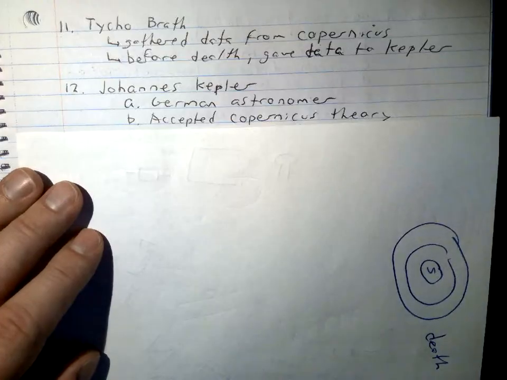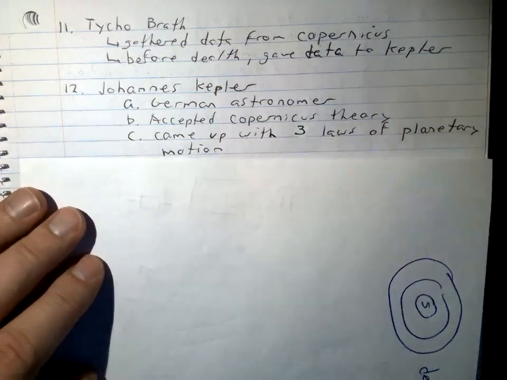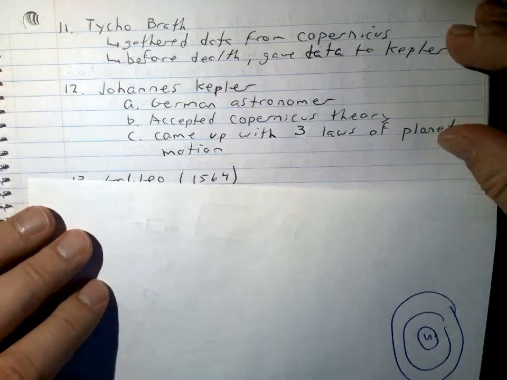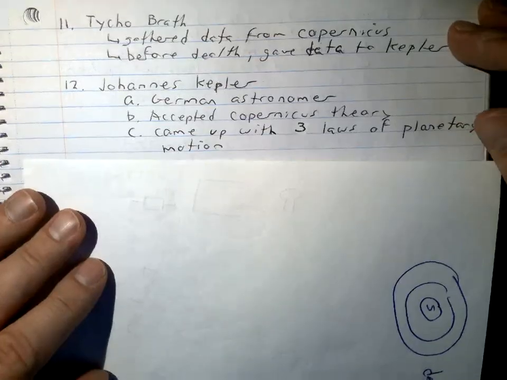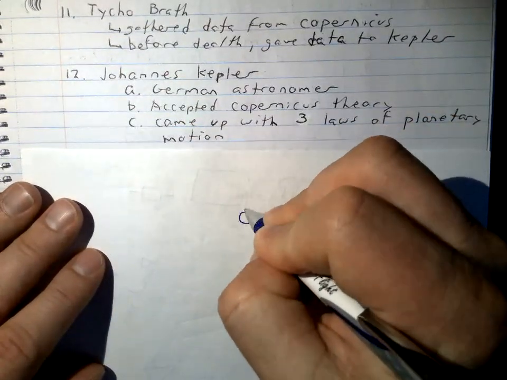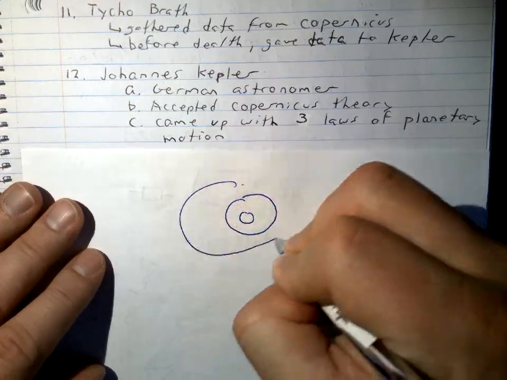I have my own conclusions, and he came up with the three planetary laws of motion. And we can talk about those later, but one of them was that the planets revolve in the shape of an ellipse.